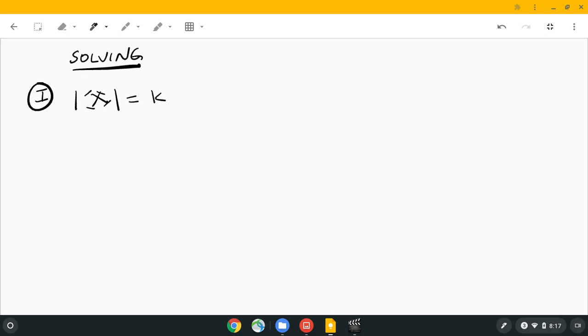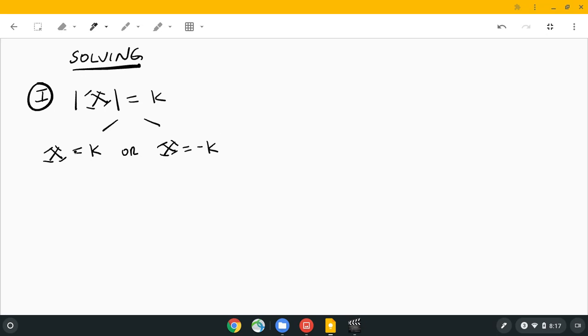So once you get the absolute value by itself, then you would do the setup. And the setup is that whatever is inside there, could be just an x, could be a 5x minus 1, equals k, or the absolute value of this inside equals negative k.